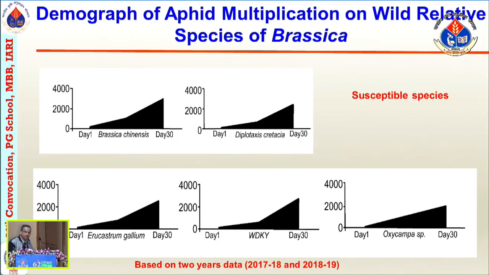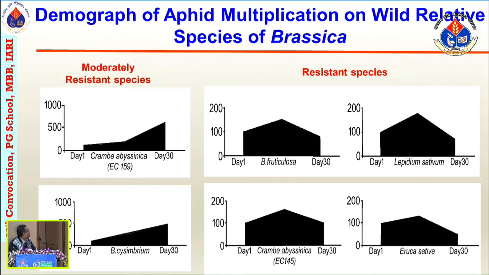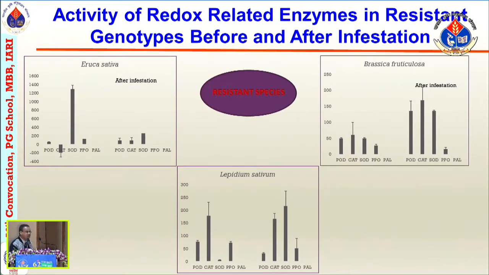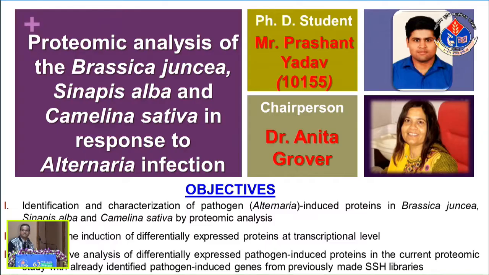He screened all those 22 wild species of Brassica for 2 years and found that the aphid population is very high in the susceptible wild species, moderately low in moderately resistant species, but very low in resistant species. Similarly, the activity of redox related enzymes was highly induced in resistant Brassica species. So it was concluded that that could be the reason for conferring aphid resistance in wild Brassica species.